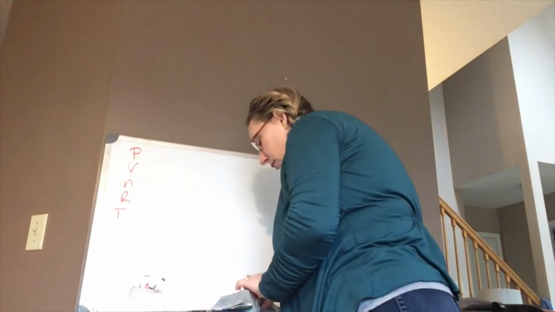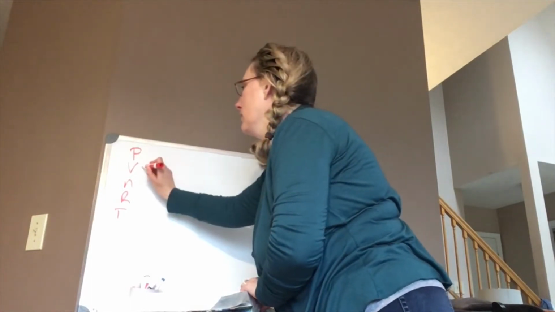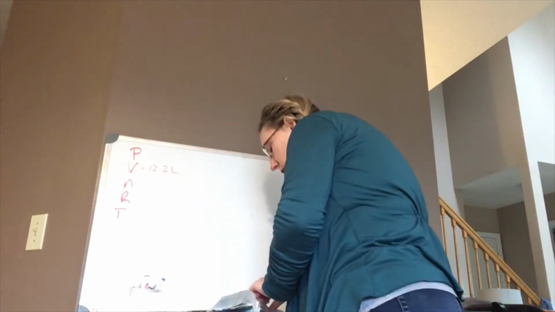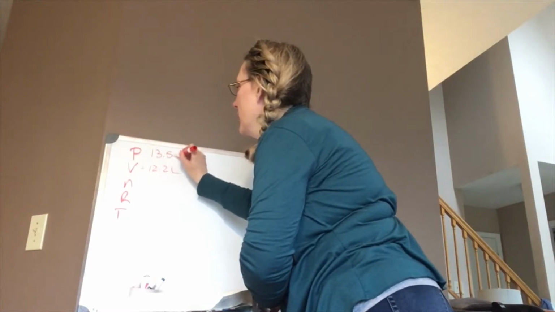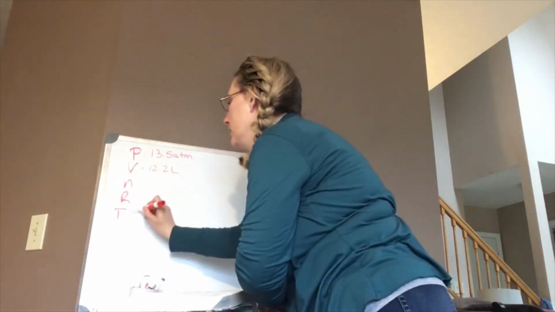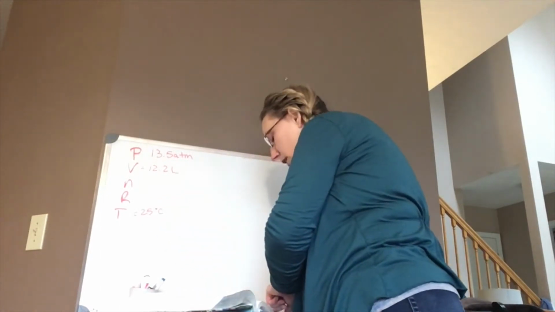So example 12.5. A 12.2 liter container, so there's a volume, 12.2 liters, is at a pressure of 13.5 atmospheres at a temperature of 25 degrees C. Uh-oh, we're going to have to do something there.